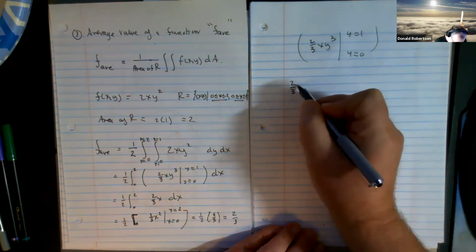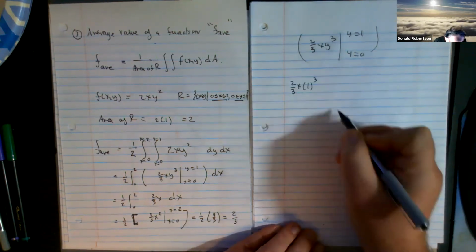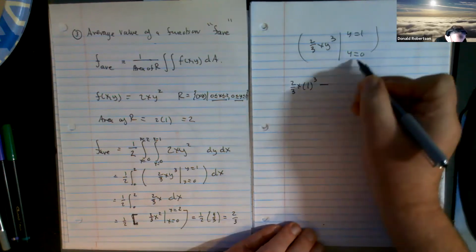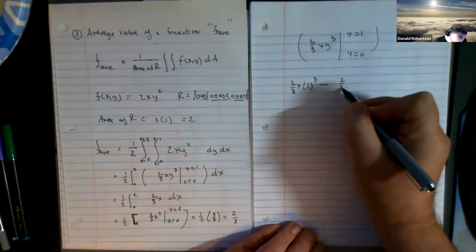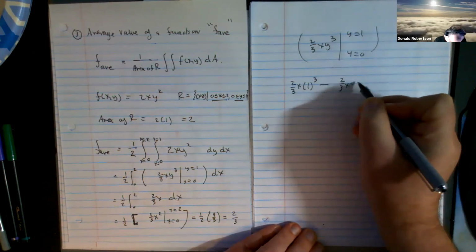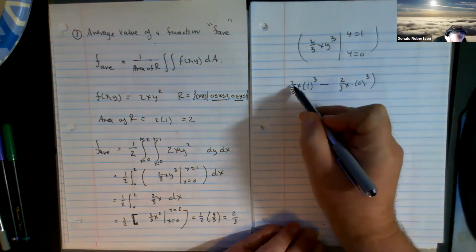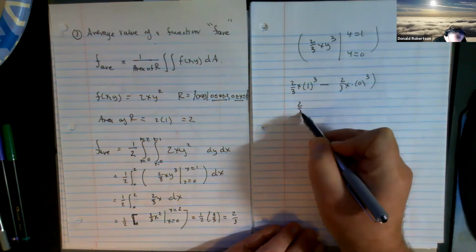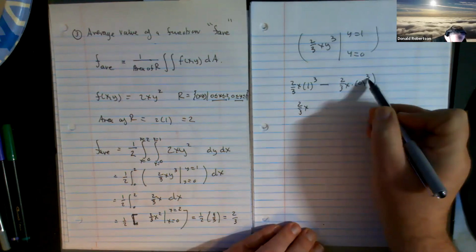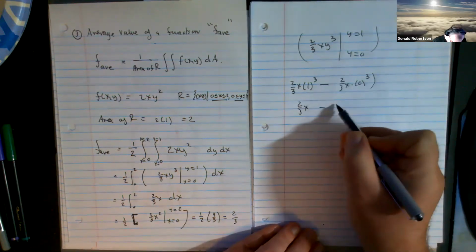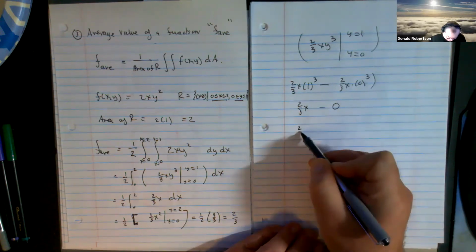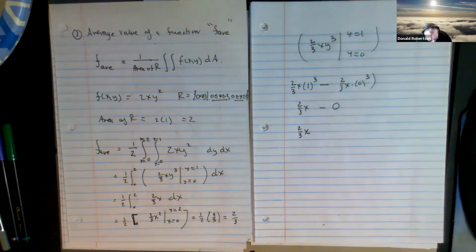So it's going to be 2/3 x times 1 cubed. Subtract, I'm going to plug in 0 now: 2/3 x times 0 cubed. 1 cubed is 1, and 2/3 x times 1 gets you 2/3 x. Nothing cubed is nothing, and nothing times this is nothing. So that's where it came from. That makes sense.